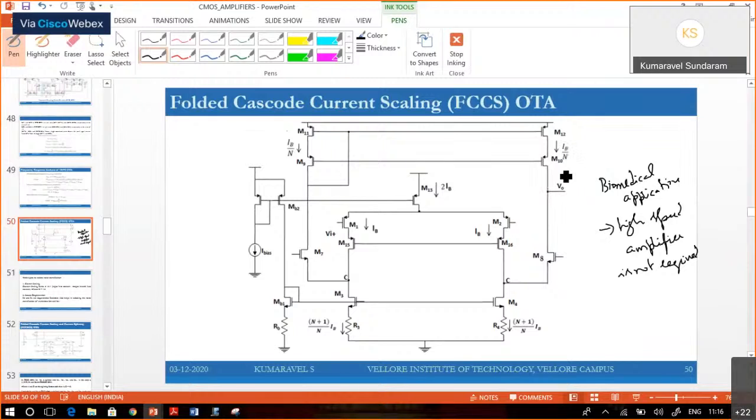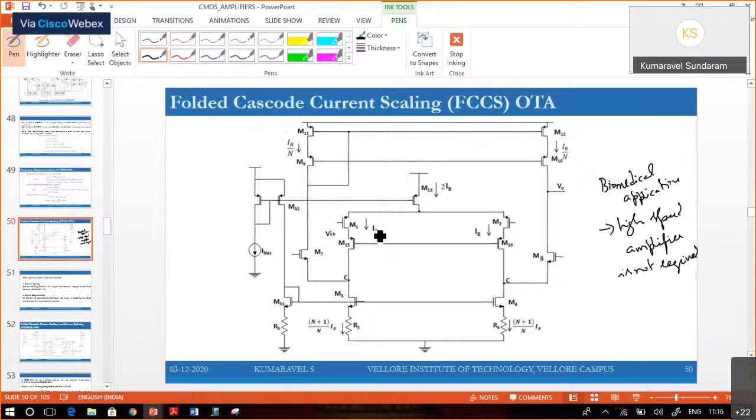So we can reduce the current that is going to flow through the output node and add that current to the input transistor. This is a folded cascode architecture. These transistors, M3 and M4, are source degenerated.